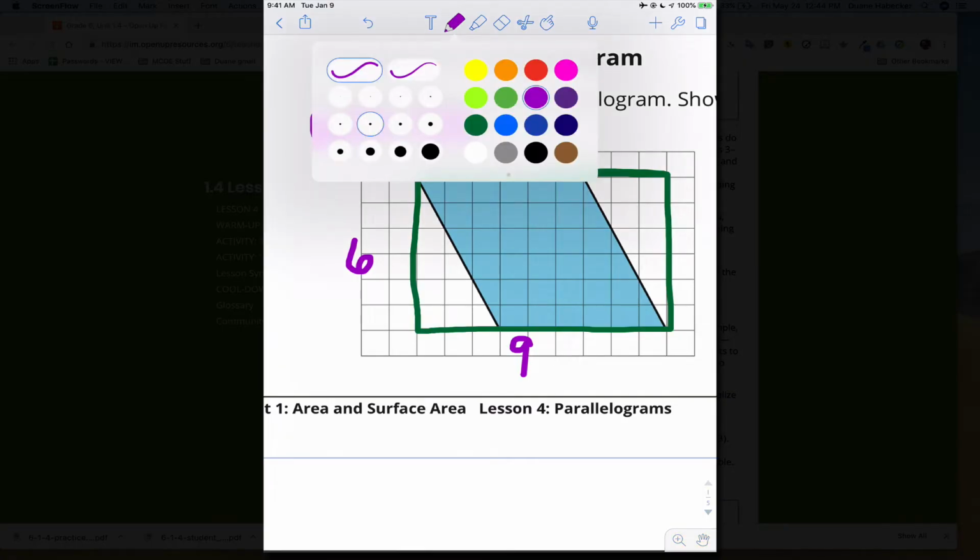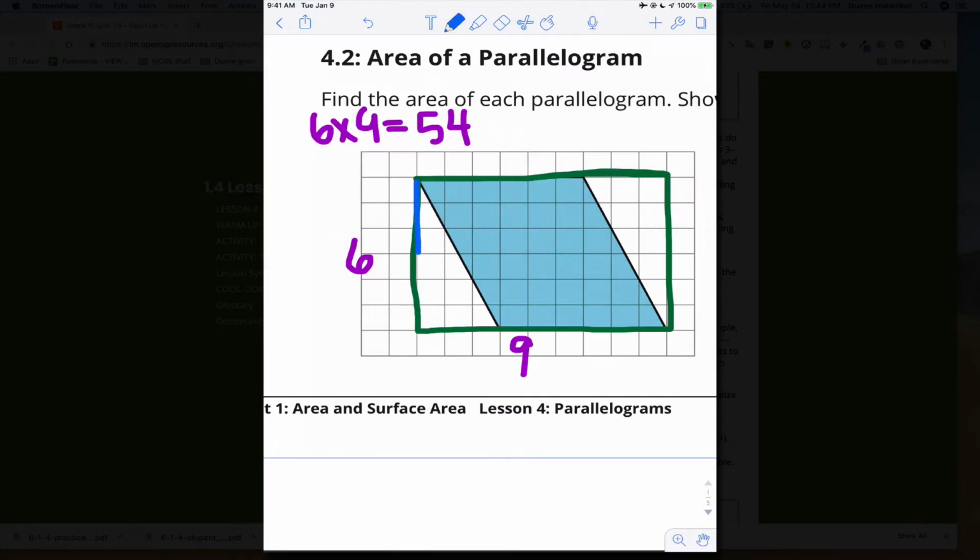But then we can say, well, we have this triangle here, and this triangle here, and we can take those two triangles. Now, let's see, how am I going to do that? I could take that triangle and this triangle and piece them together, and that creates a rectangle.